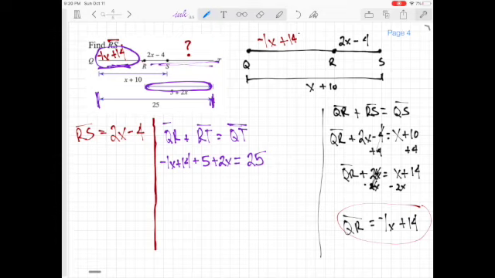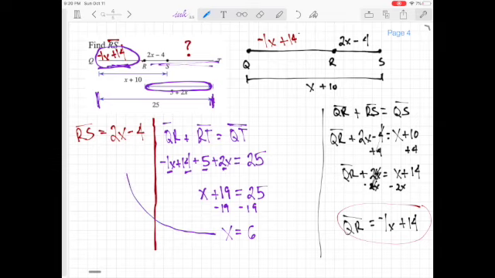So now I'm going to combine like terms. I've got negative 1x and 2x. That gives me x. And then 5 plus 14 is 19. That all equals 25. I'm going to subtract 19 from both sides, and we get x equals 6.